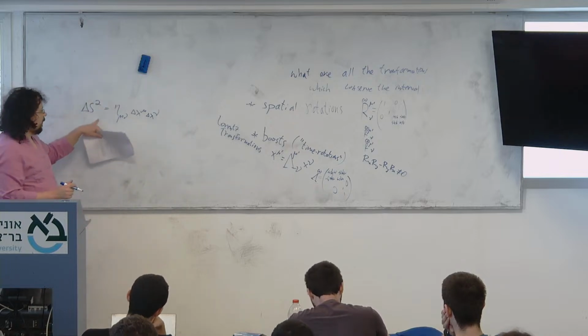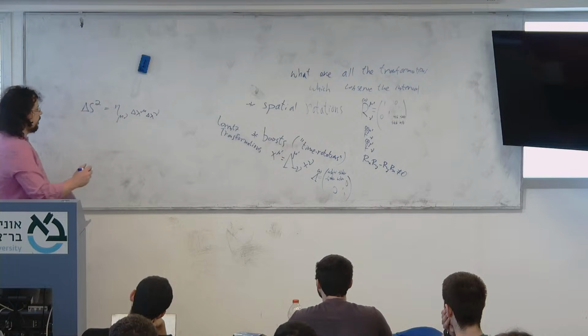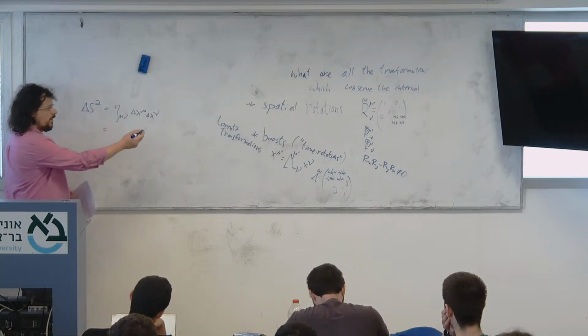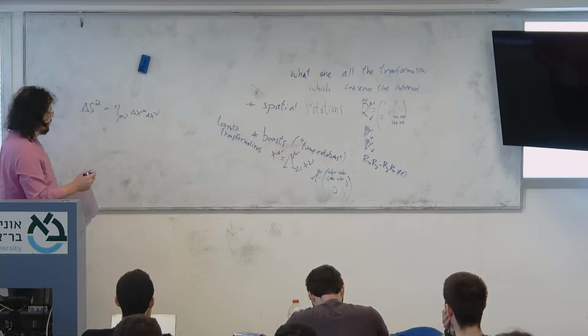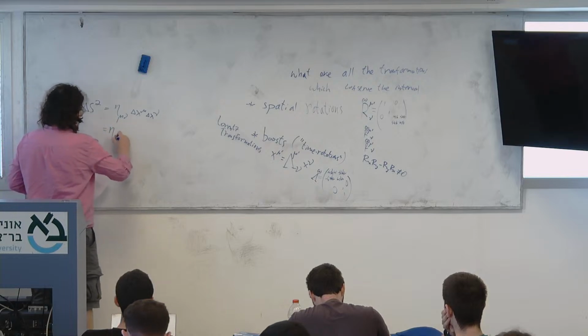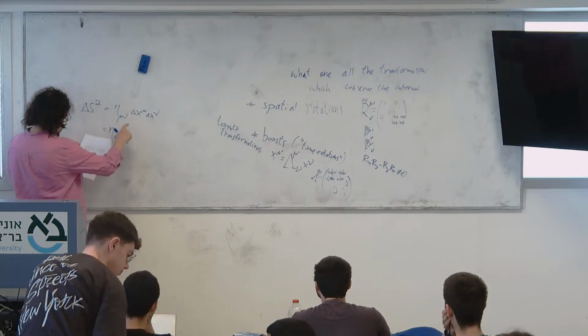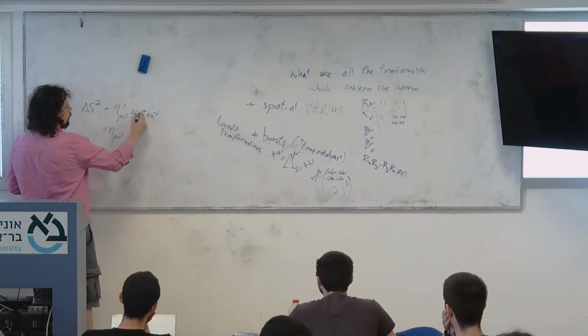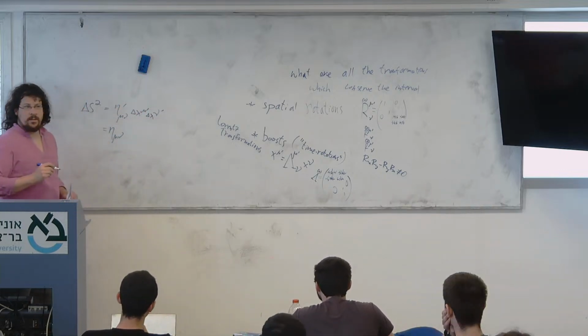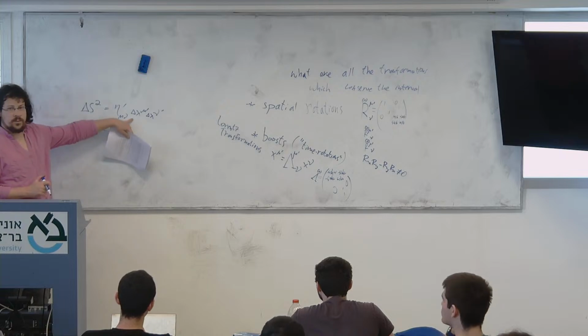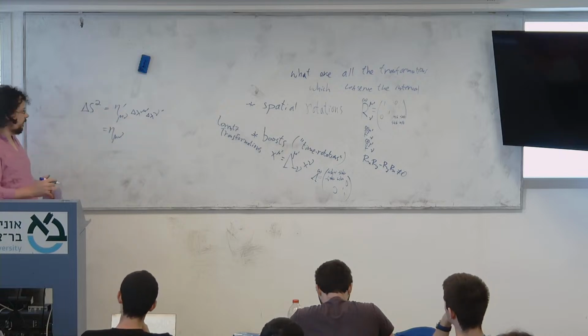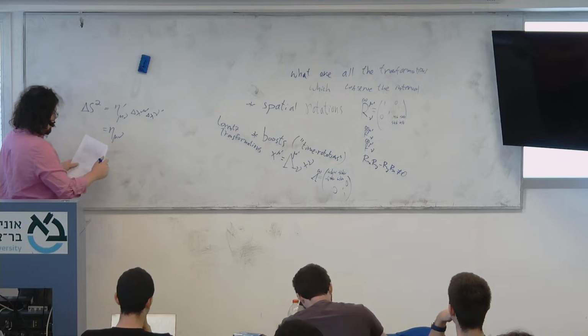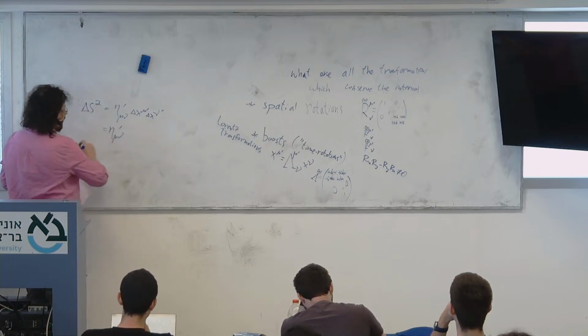If I'm saying that I want to maintain the interval, then I'm saying that if I apply one of these matrices, I'm going to have an eta mu nu. Maybe we'll do it this way. Let's look at the new, not the new system in terms of the old ones, the old one. So I'm going to have here eta mu prime nu prime.